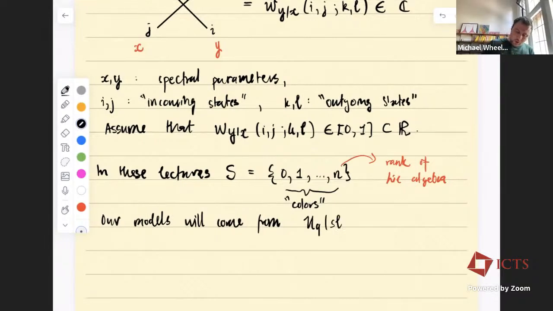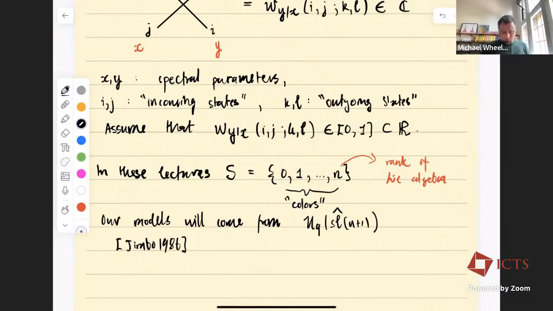So it'll be U_q of affine sl_{n+1}. Okay. And so more precisely, the type of model that we'll deal with was considered in a paper by Jimbo in, I think, 1985 or 1986. So certainly, as I said, the models are by no means new. It's not like we're reinventing the wheel, but this is what we're going to use.